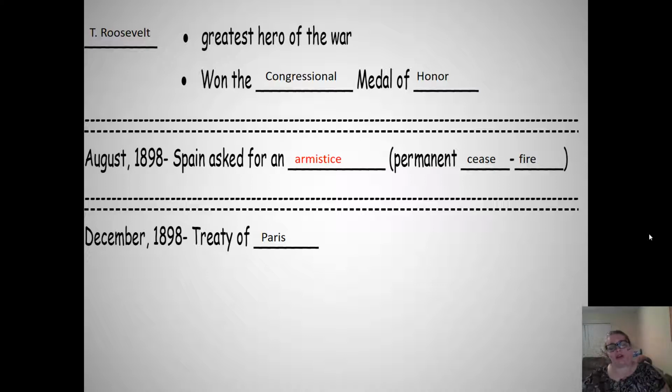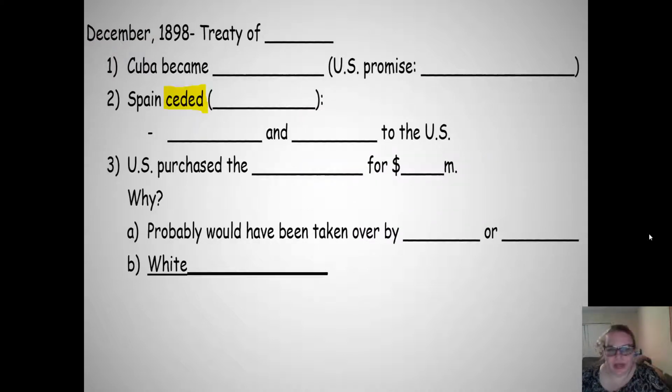The way treaties work, you find a country that was not involved in the fighting, and both sides go there. And then that country is responsible for hosting the dignitaries from both the warring countries and keeping everyone safe. Okay, so everyone went to France to discuss this and to work out the treaty. Okay, in the Treaty of Paris, Cuba becomes independent.